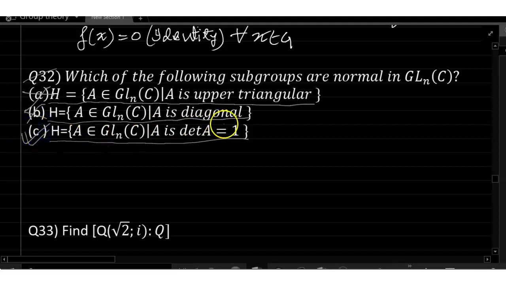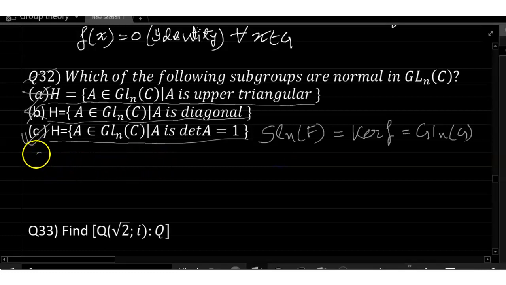The third option is correct because this is SLn(F), the kernel of the determinant map on GLn(C), and it is a normal subgroup.